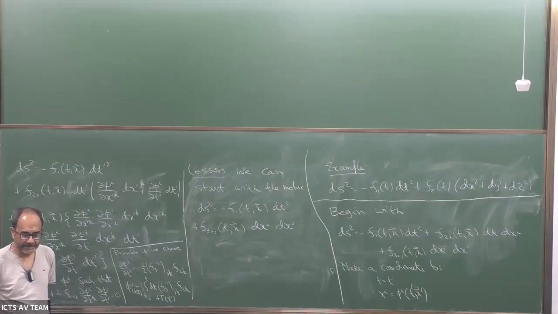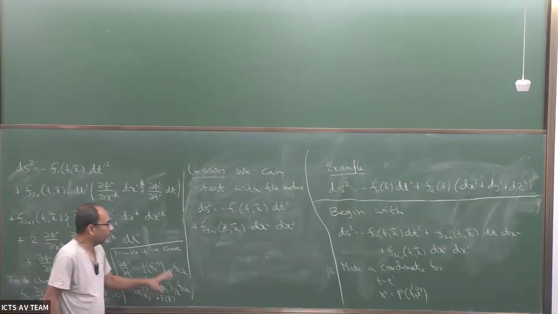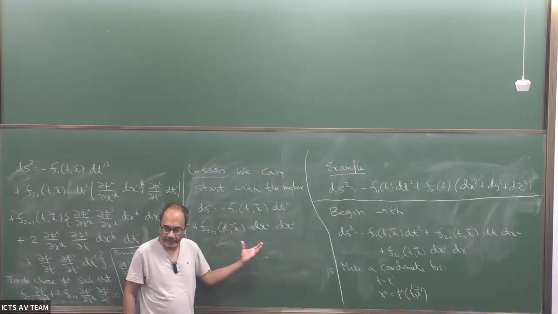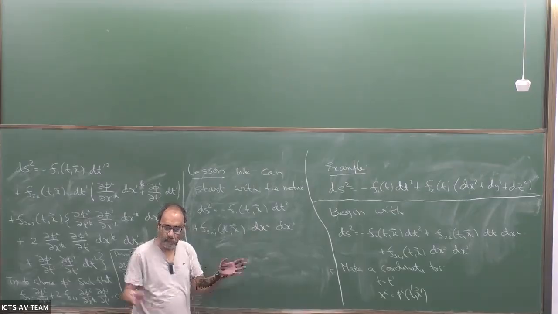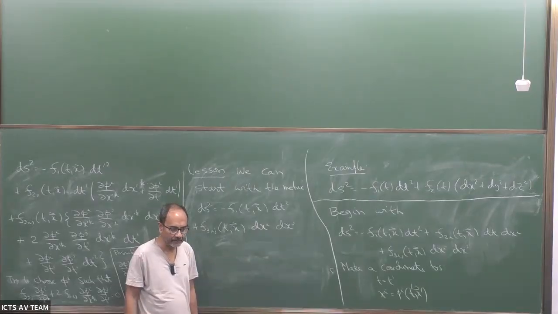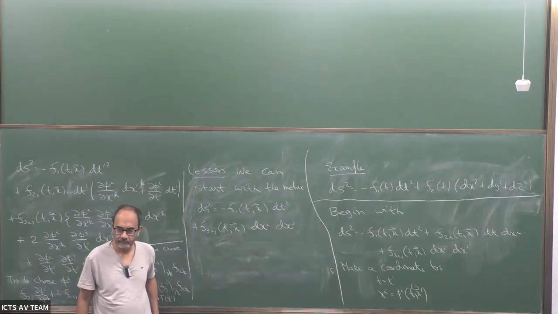Again, at this stage, we have said nothing about homogeneity and isotropy. It's just that by making an appropriate transformation of the x coordinate, we can get rid of the off diagonal terms. Is it clear?